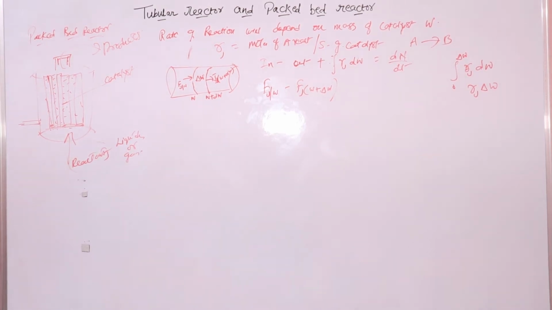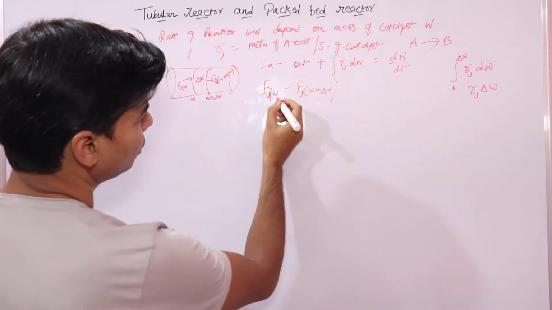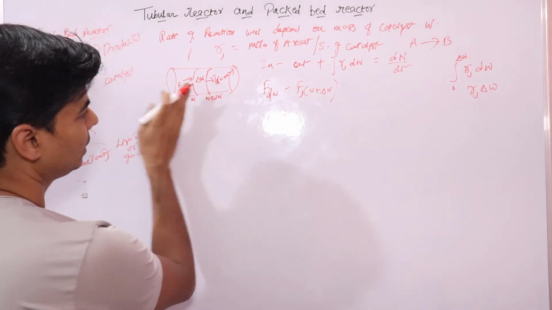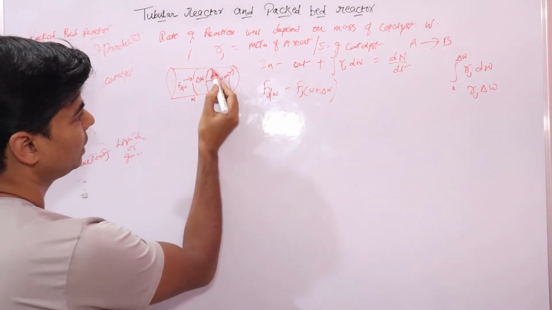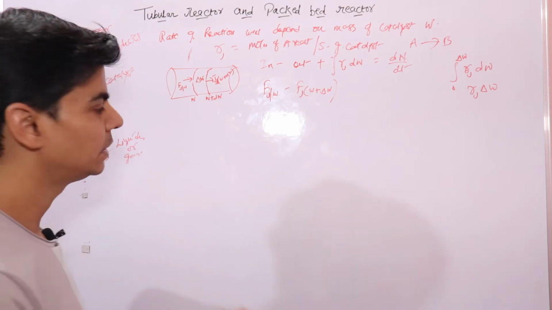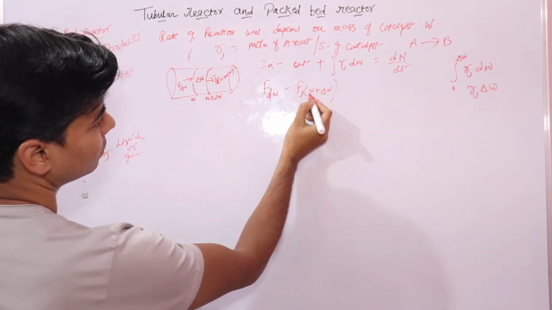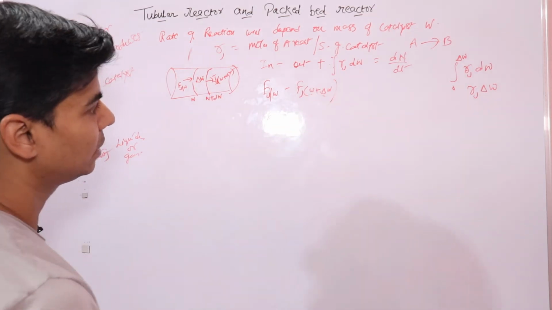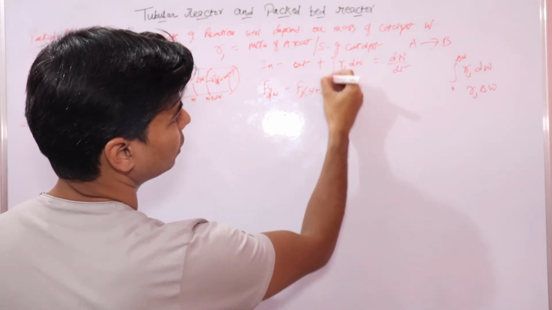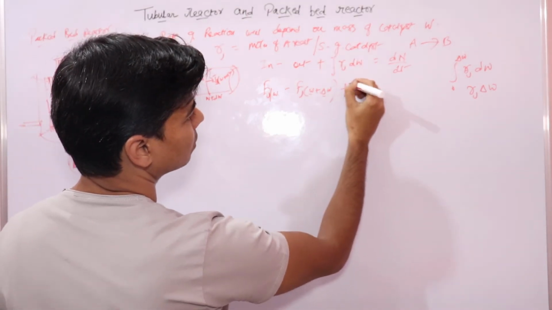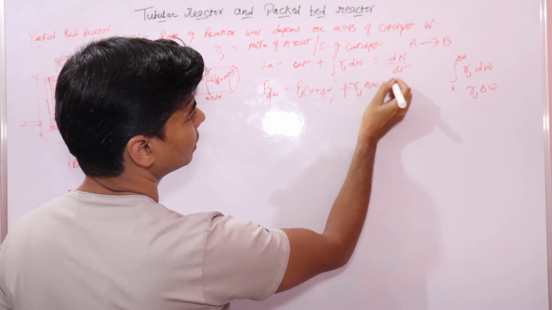So it would be Fj plus Jw at this point, in and out, in this small mass delta W. It would be Fj at W plus delta W, plus we have calculated this to be Rj delta W, and this is your 0.